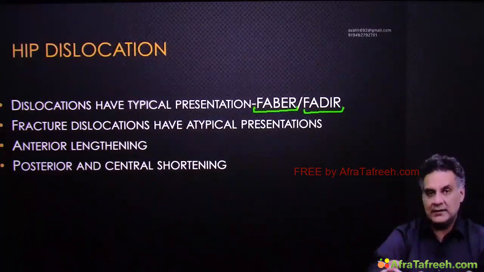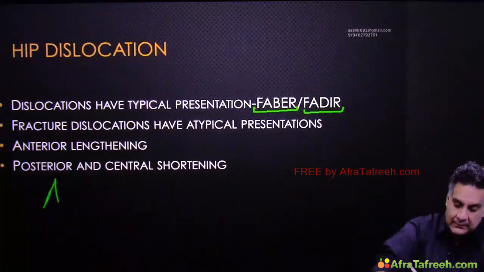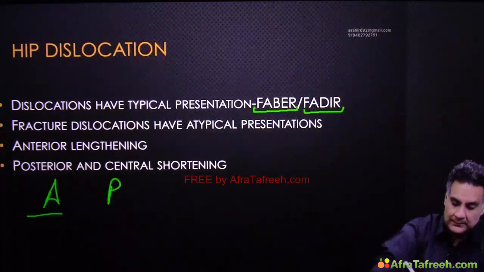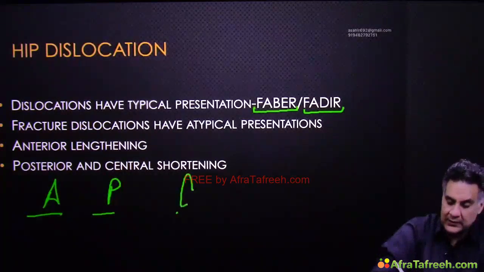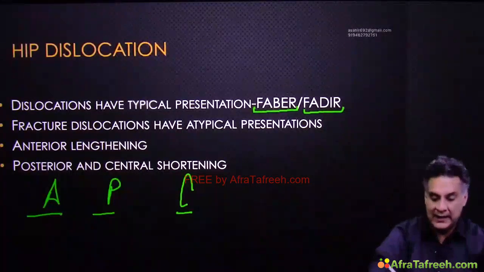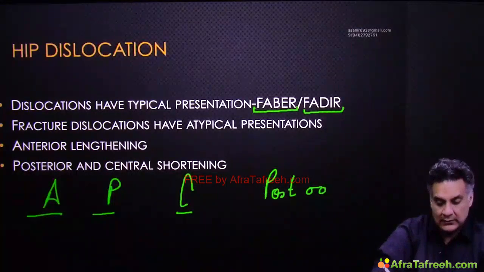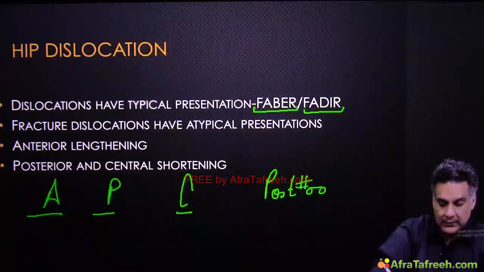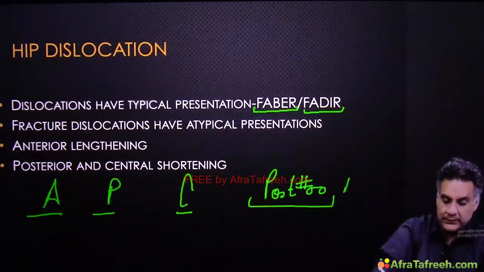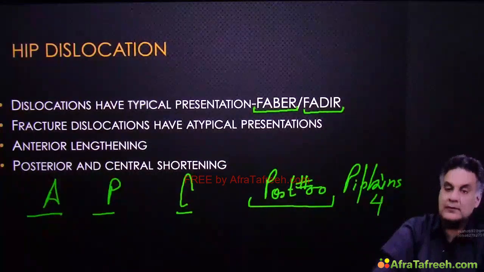So basically, you can have 4 varieties: anterior, posterior, central, where the head breaks the acetabulum and goes in the pelvis, and posterior fracture dislocation. Posterior fracture dislocation is also called Pipkin's type 4.